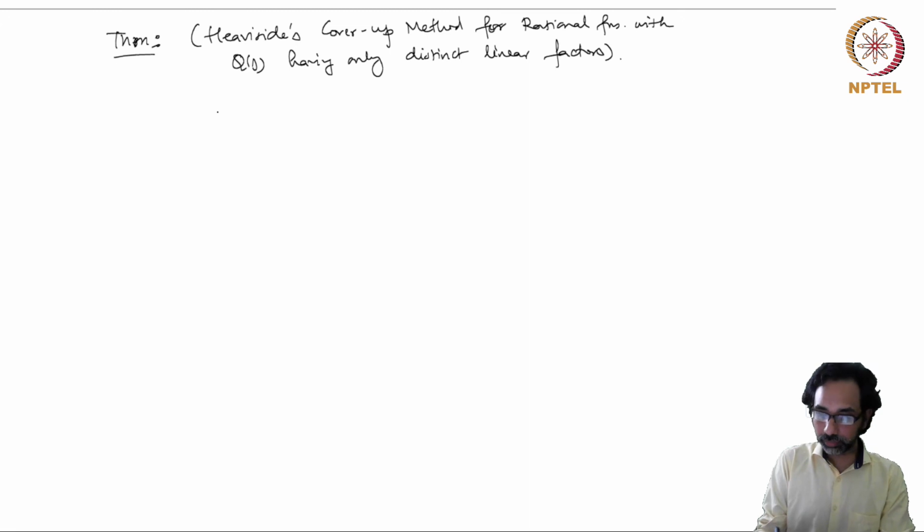So we have some function F(s) equal to p(s) over q(s), with q(s) as above, so it has only distinct linear factors.